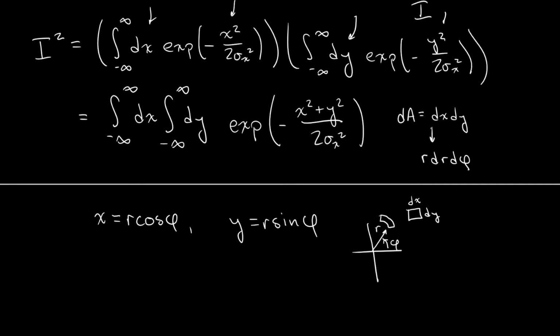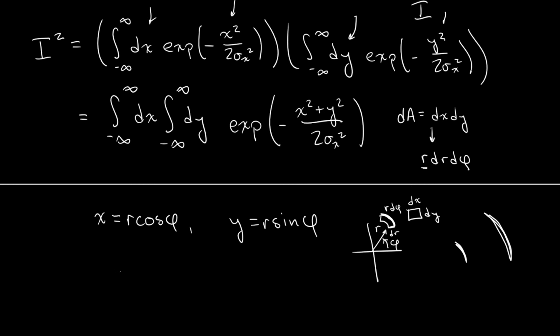Clearly this part is dr, right? The part that shifts in the radial direction is dr. But in the rotational direction, in the phi direction, it's not just d phi, right? If I have some arc of a circle, I can trace out the same angle, but it gets longer as I move out, and it gets longer proportional to r. So this is actually r d phi, hence why this r shows up here.